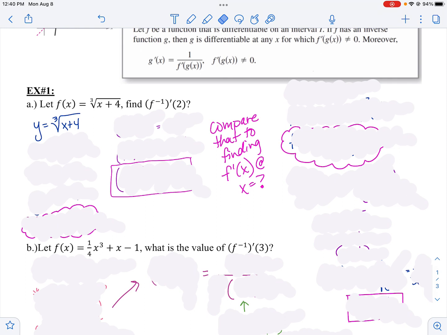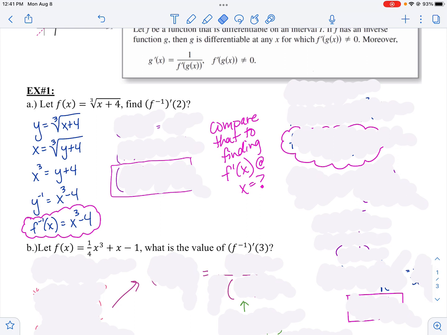So if my original function was f of x, or y equals the cube root of x plus 4, we can use this original function f to find its inverse by switching the x's and the y's, and then resolving for y. So I'm going to cube both sides, I'm going to subtract 4, and this gives me the inverse of f. So my inverse of f is really x cubed minus 4.